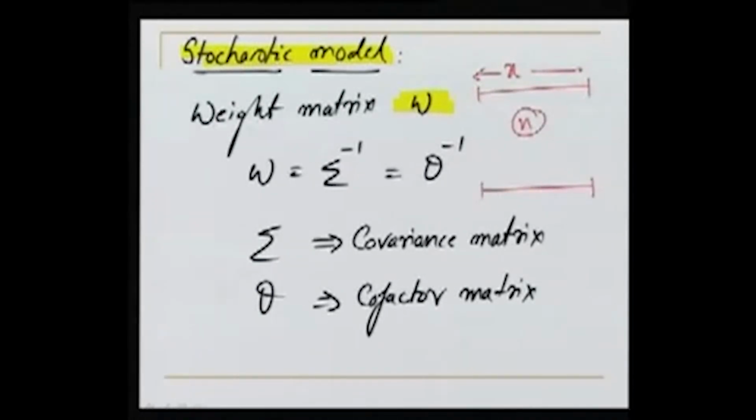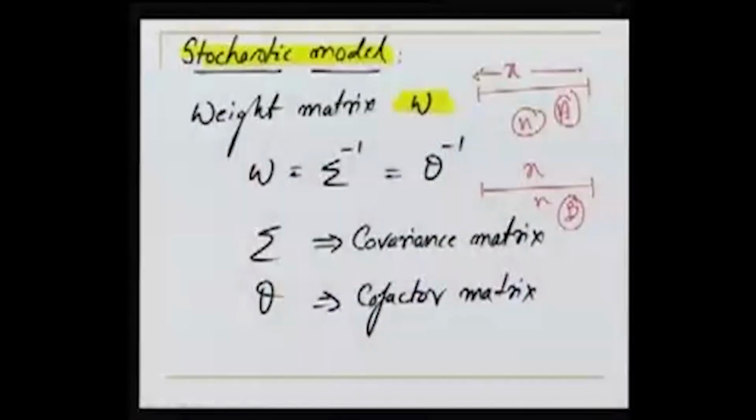The other day the same length was observed again, n number of times. This was observed by a person A, this was observed by a person B. Now out of the two sets of observations, we can find the mean, we can find the variance, the standard deviation.